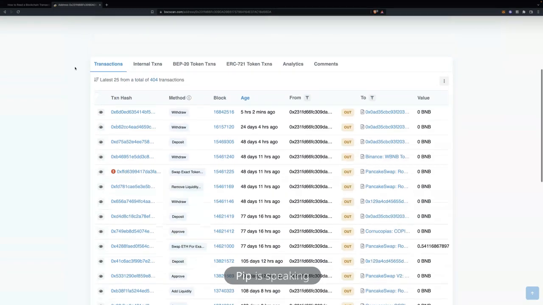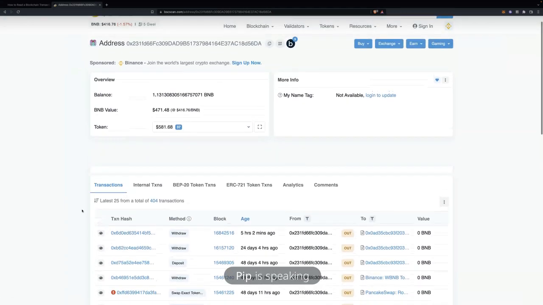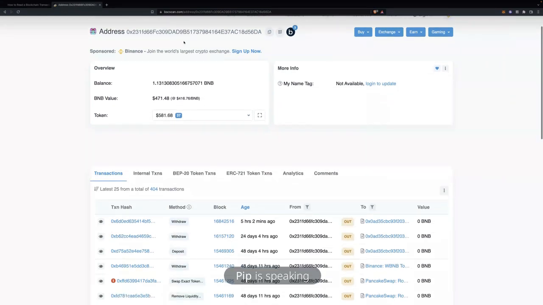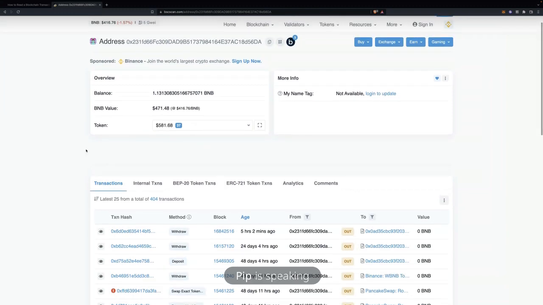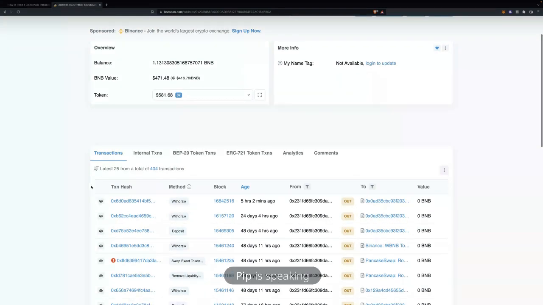We don't need that right now. Okay, what are these transactions? These are all the transactions that have taken place with this address, and these transactions cost a little bit of gas, a little bit of BNB gas, and we see them here, okay?